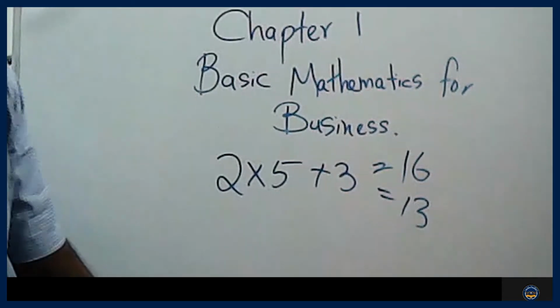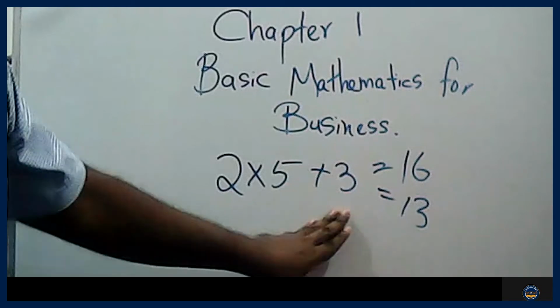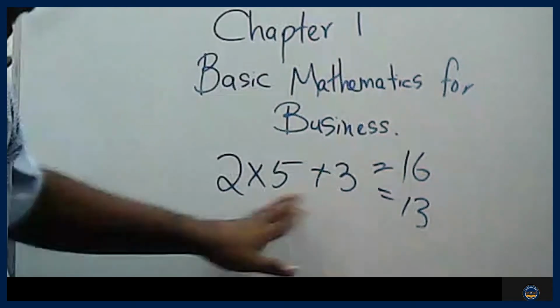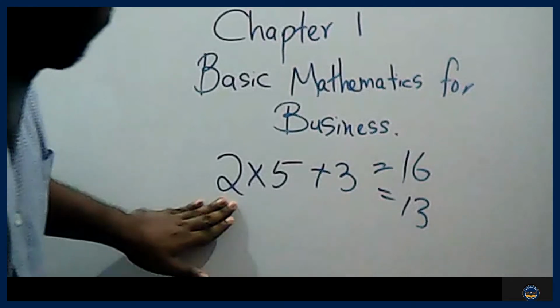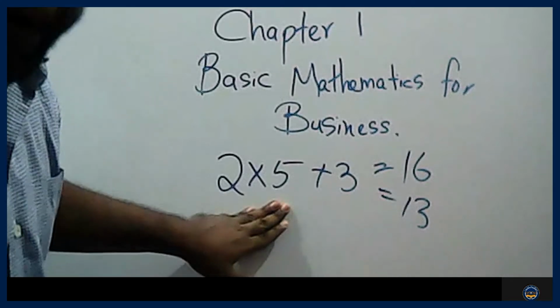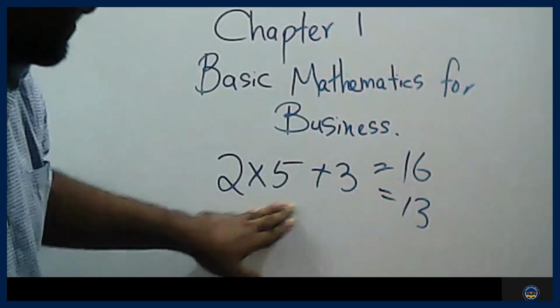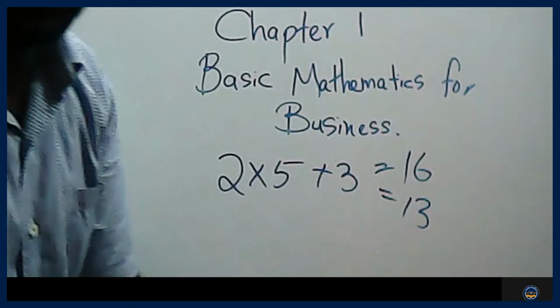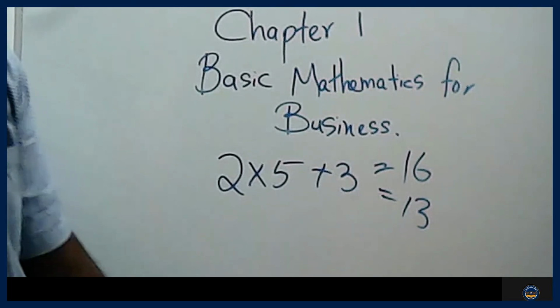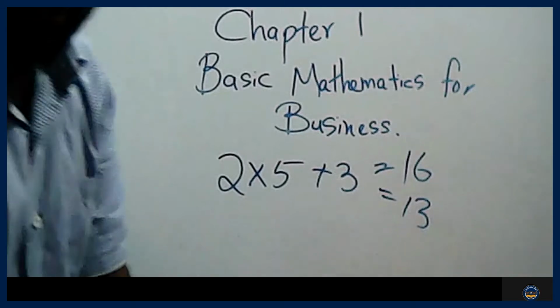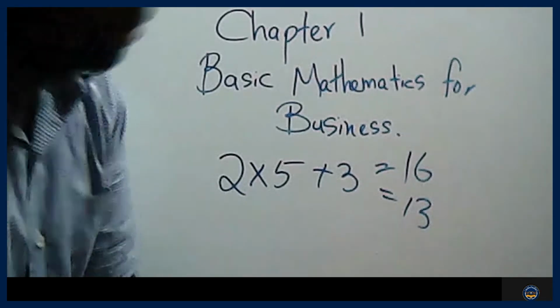What is the answer? So what you can do is 5 plus 3, 8. 8 to the power 2, 16. Or else 2 into 5, the answer is 10. 10 plus 3, 30. So what is the correct answer? That is the confusion most of you may have at the moment.